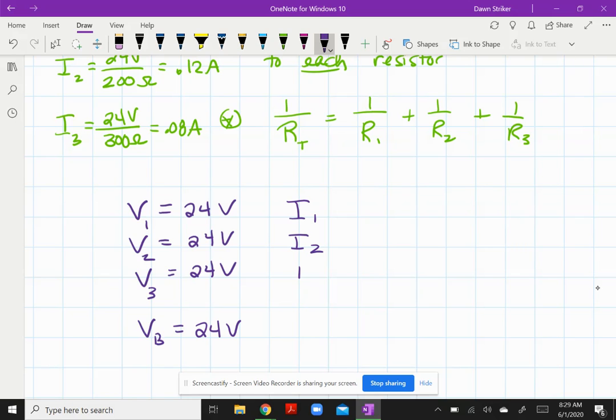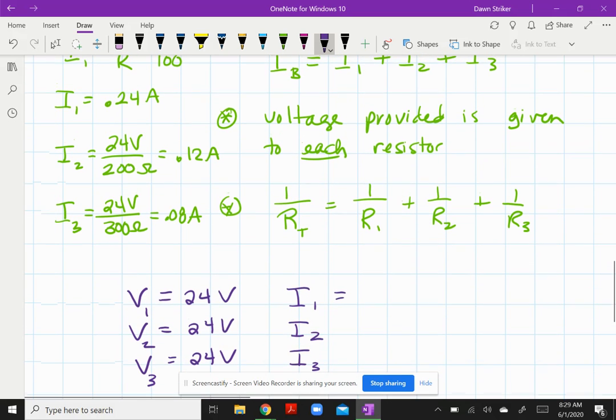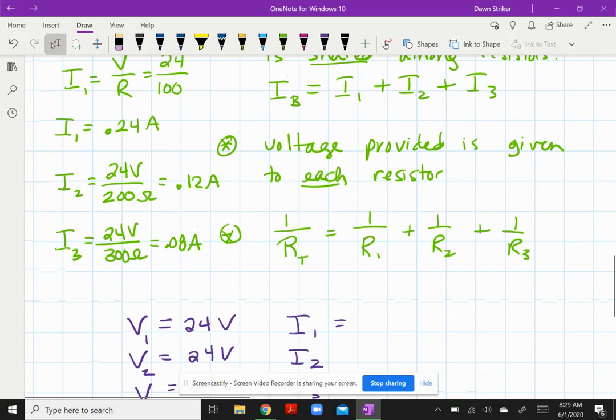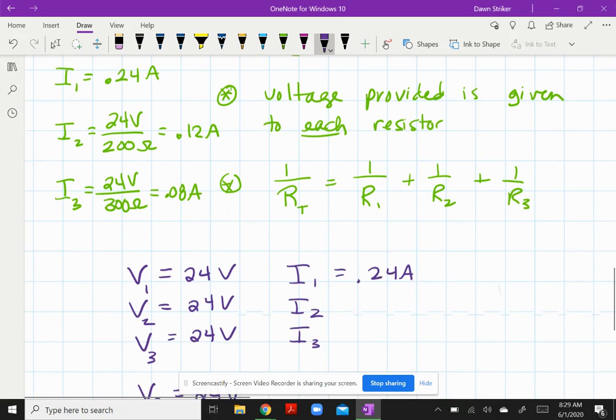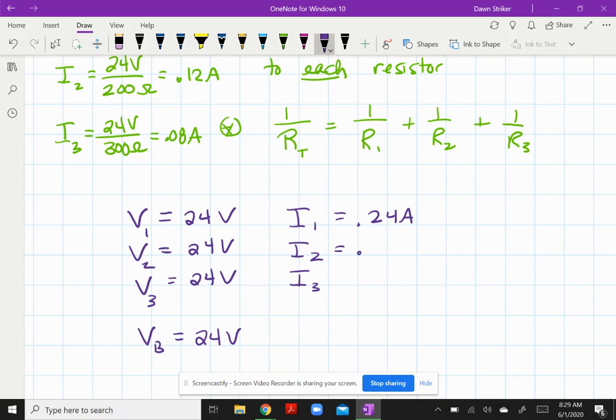Well, in each branch, there's a different amount. Okay, so if I take the voltage and I divide by that resistance, I get the current in each loop, 0.24 amps, 0.12 amps, and 0.08 amps.